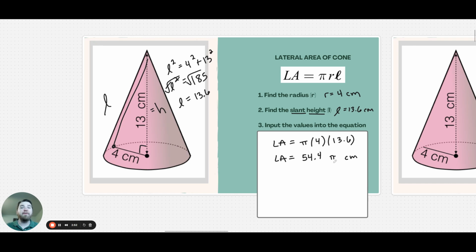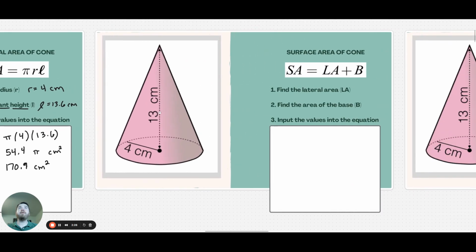And so that would be if it's in terms of pi. If you want it as a decimal, all you'd have to do is just do 54.4 times pi. And when I do that, it comes out to be 170.9 rounded. And so 170.9, and that's square centimeters. I should have that on there since we're dealing with an area. So it's square centimeters. So that's the lateral area.